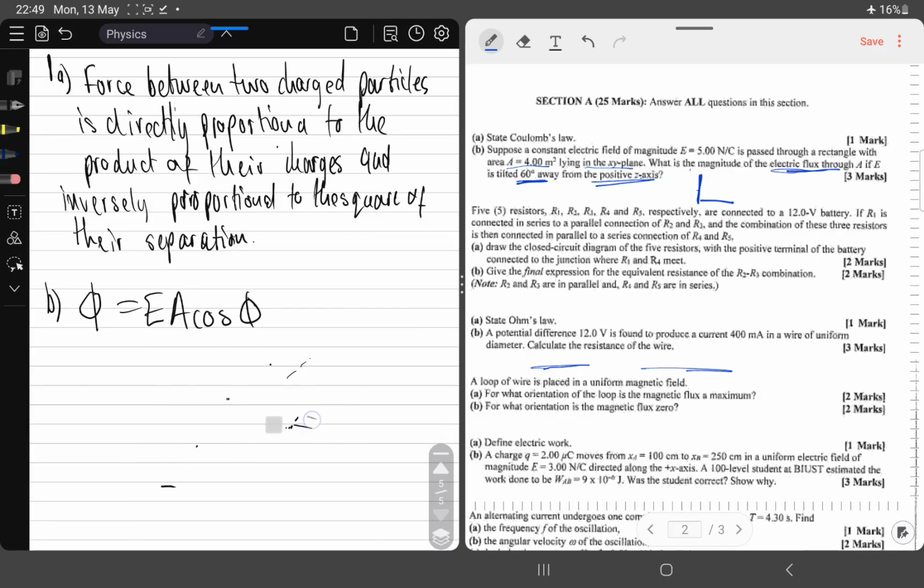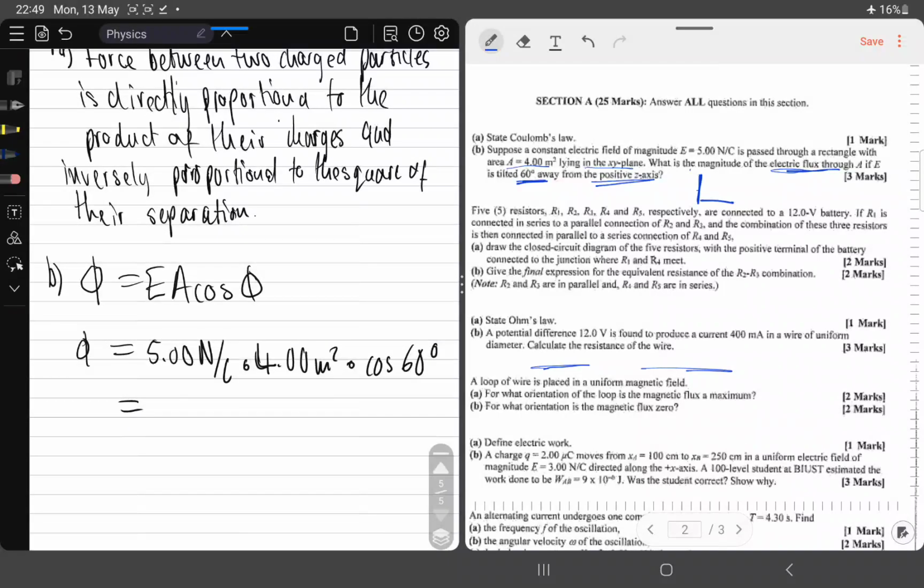So our angle is going to be 60 degrees. So we can say that the flux is equal to, what is E? E is 5.00 newtons per coulomb, times the area, which is 4.00 square meters, times cos of 60 degrees. And I'm going to get my flux.